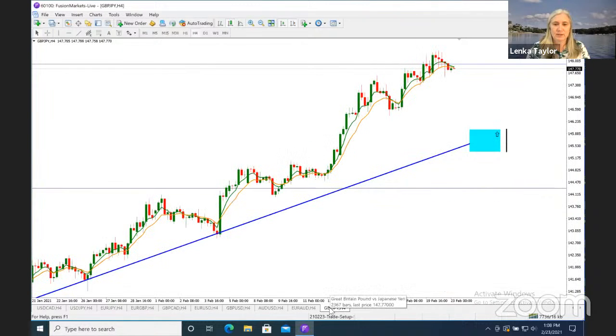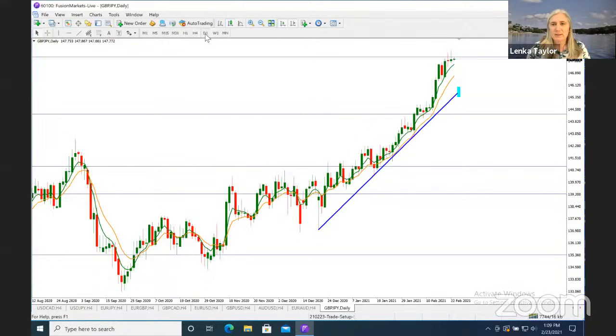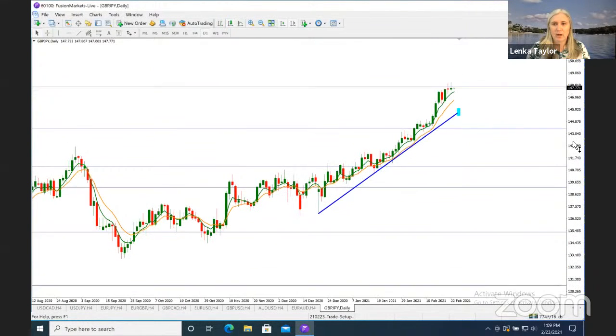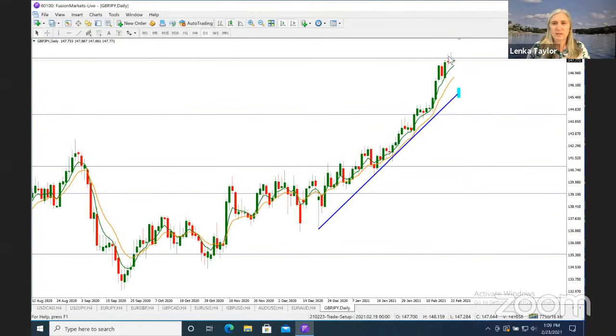The next currency pair I'm looking at is GBPJPY. For this one, the direction I'm looking at is long, but at the moment the price is high and it is at a horizontal resistance level.